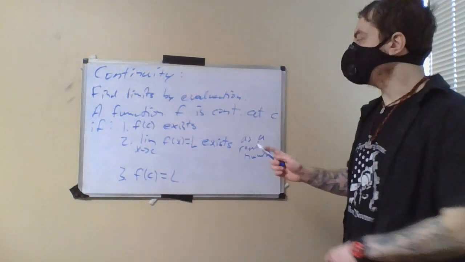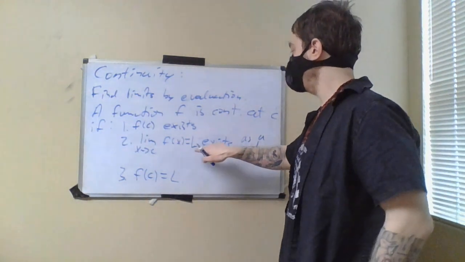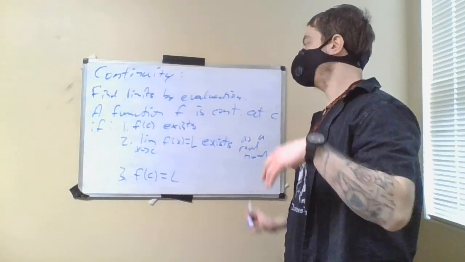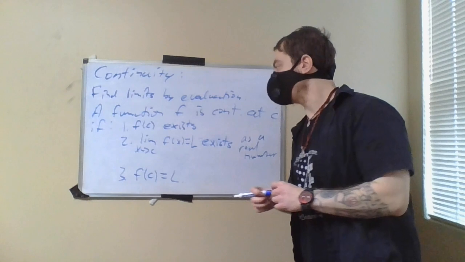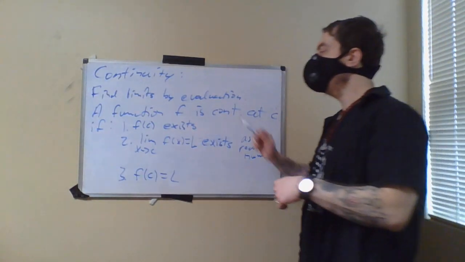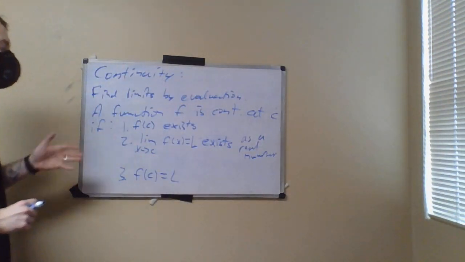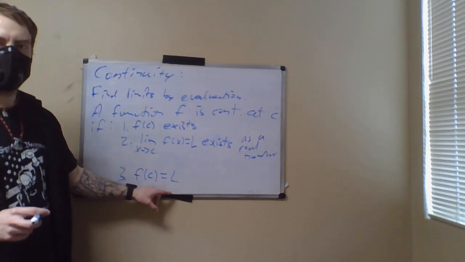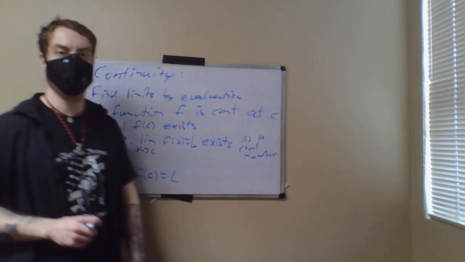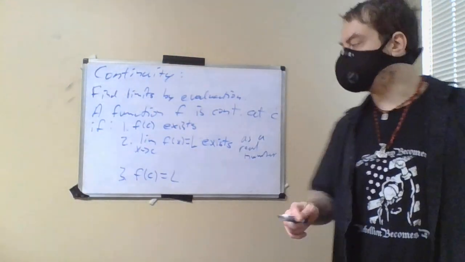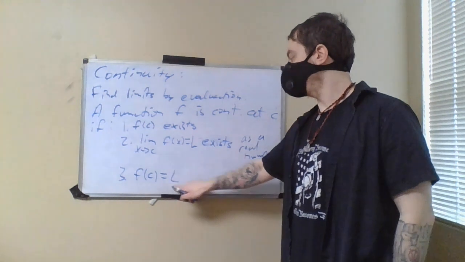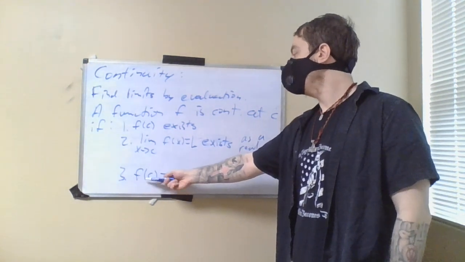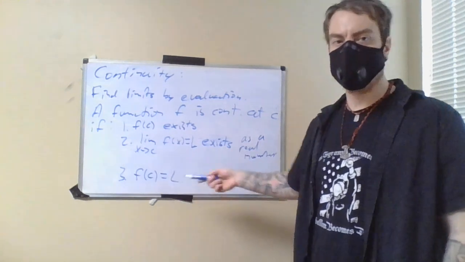Now, really, if you just said f of c has to equal the limit, you could say that's enough, in as much as the real gist of this is that evaluating has to equal the limit, and both of these things have to exist. So in some sense, depending upon how you define this equality, this being true could be taken to imply that f of c exists and L exists.